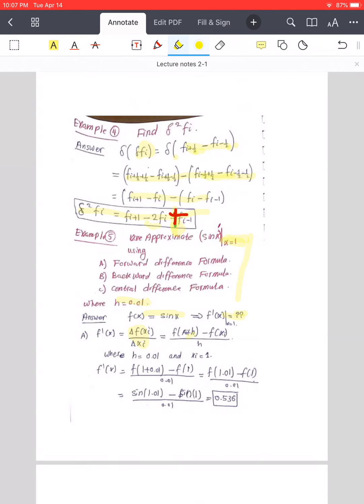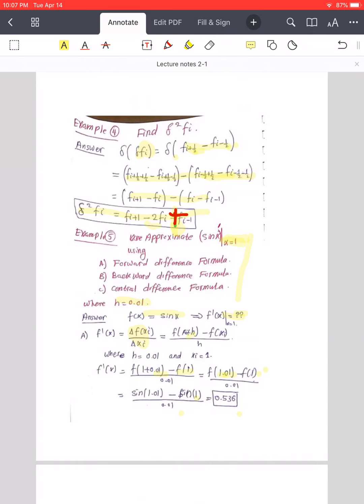So the function at 1.01 minus f of 1, which means sine 1.01 minus sine 1. And here this number minus this number means h, 0.01. Of course the function is sine, so just calculate sine of this minus sine of this, using a calculator, and this is the answer. So again, we are using the forward difference formula.